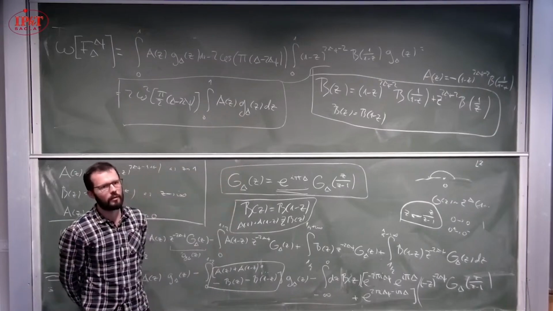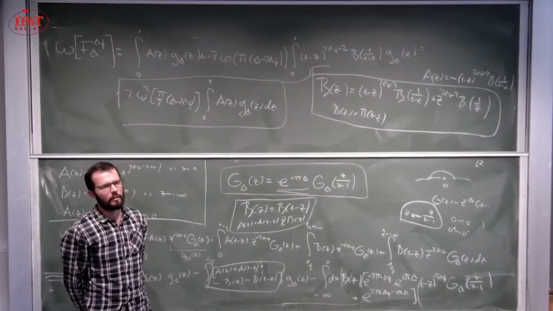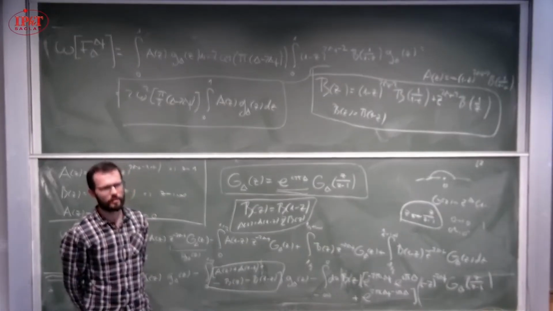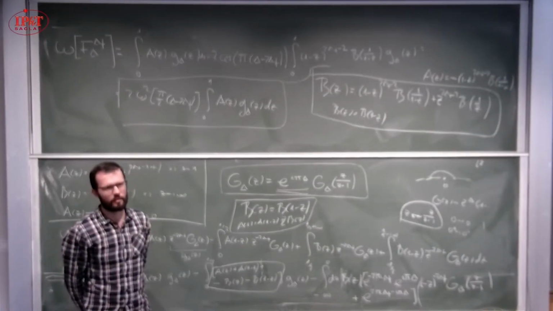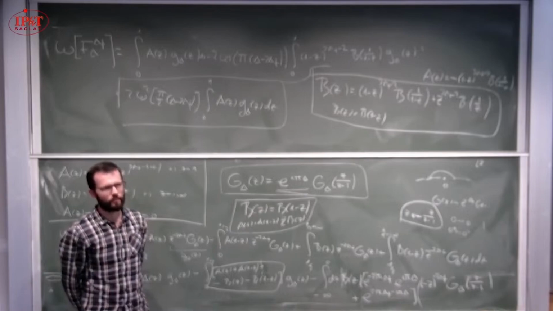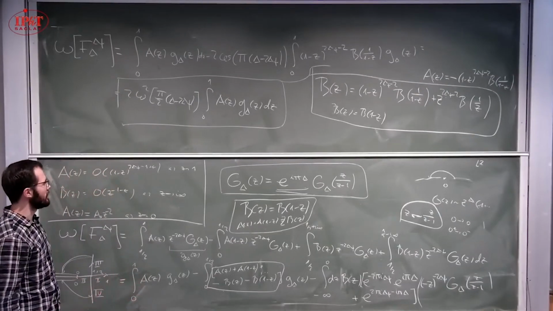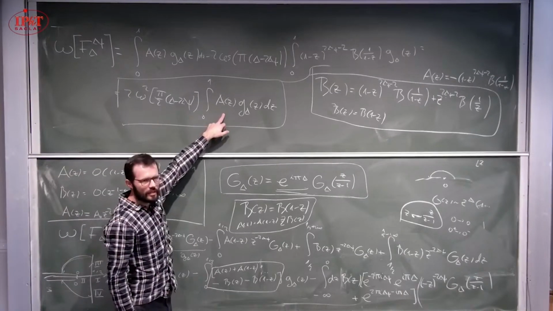It's only on the real line that it's real analytic, right? Because it needs to have this shape that you described. It has some poles on the negative real axis. So it's a rational function as a function of delta. No, it's not rational at all as a function of delta. A is rational of z.